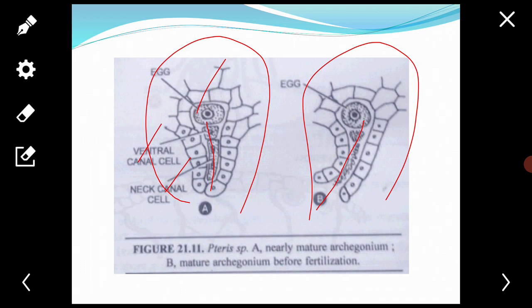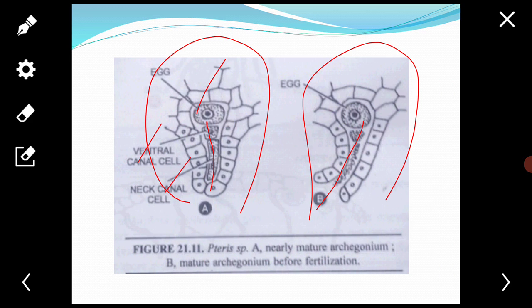It is needed for the dehiscence of the antheridia, liberation and movement of anthrozoids, and opening of the archegonial neck. The anthrozoids liberated from the antheridia swim in all directions in the film of water between the prothallus and the soil.